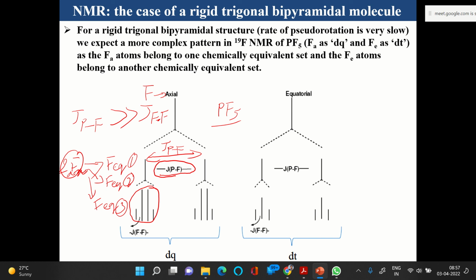So splitting will occur at each stage, and finally you will obtain a quartet.